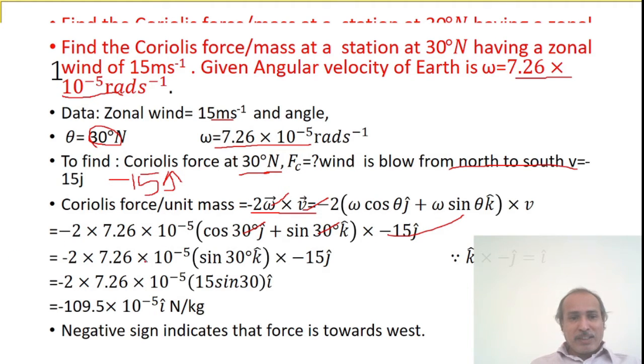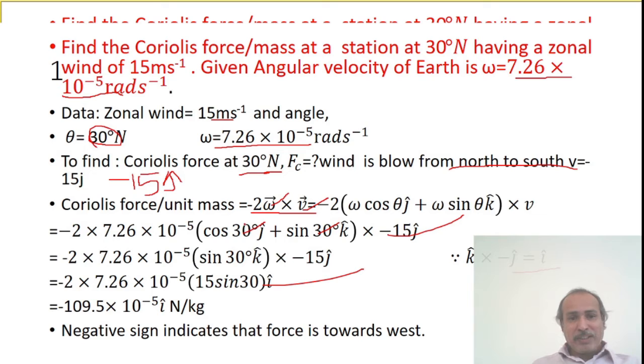Here j cross j is 0, leave it. So k cross minus j is i, you should write i only.